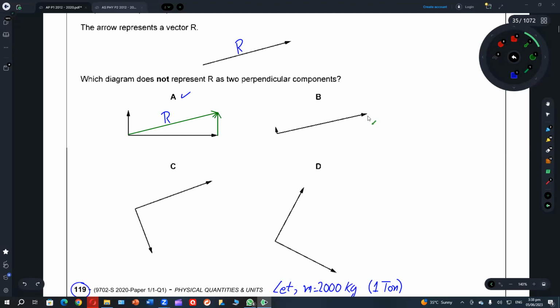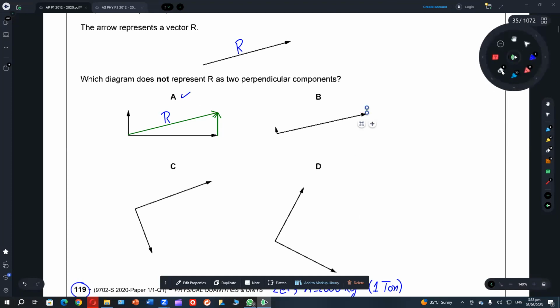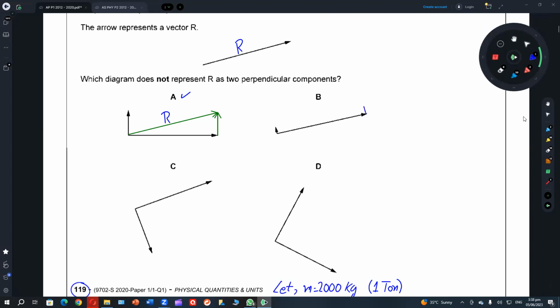I'm trying to make a vector which is parallel to my given vector, but somehow it's too small that it is not coming to fit here. So actually I have to test it. I have made this one.